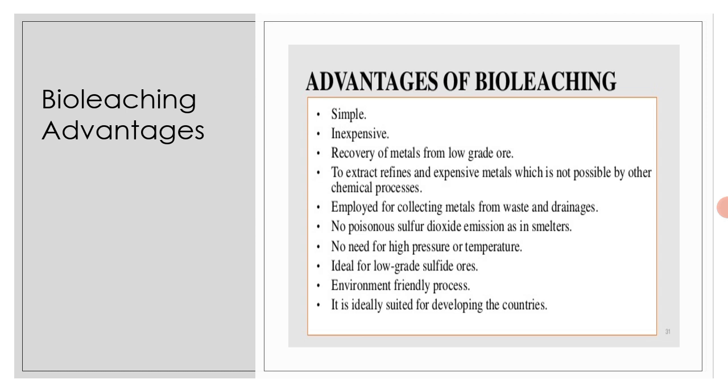Then no need for high pressure or temperature, right? Our microorganism is playing the whole role, because it is able to sustain that much temperature, so we are not needed to put certain extra parameters such as the pressure and the temperature, right, in most cases.